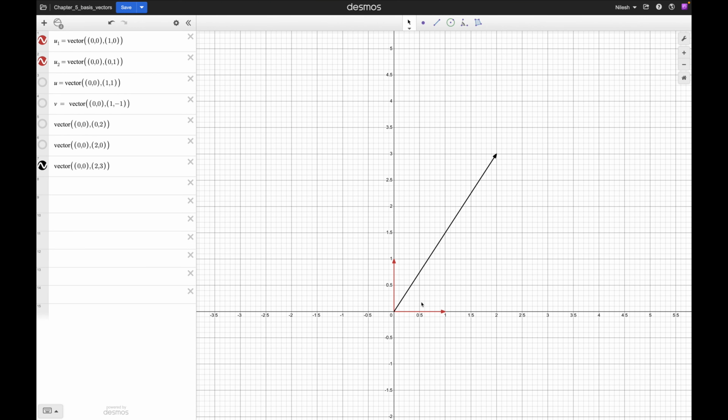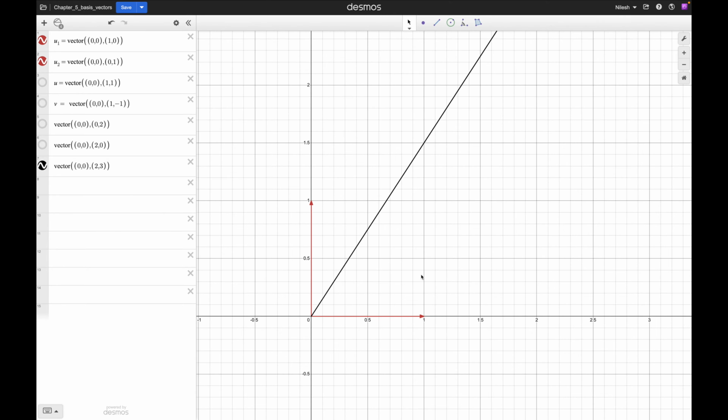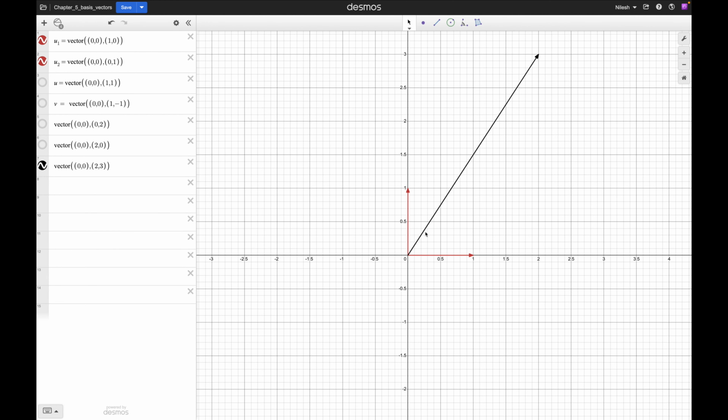Let's look at the plots here in Desmos, and what we can see is two red arrows and one arrow shown here in black. These two are the basis vectors we are talking about, and in this case, this arrow right here is denoted by this vector that starts at 0 0, goes up to 1 0. So that's the 1 0 vector, and this is the 0 1 vector that we just talked about.